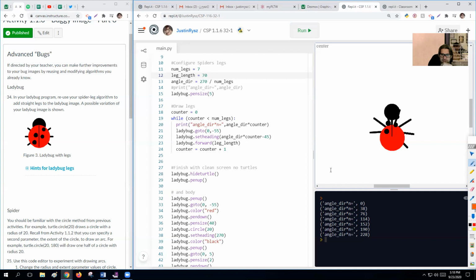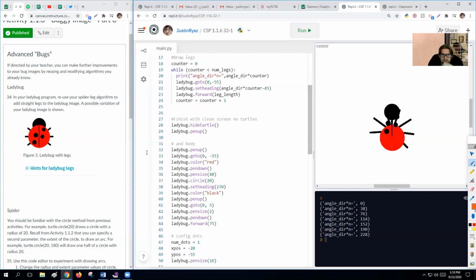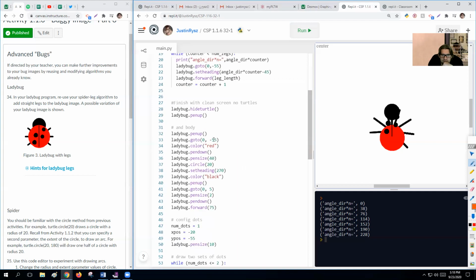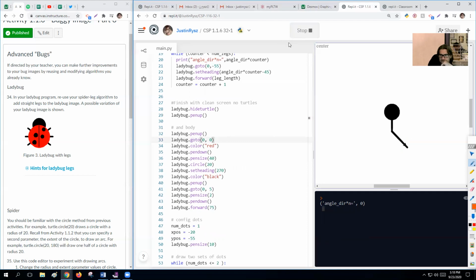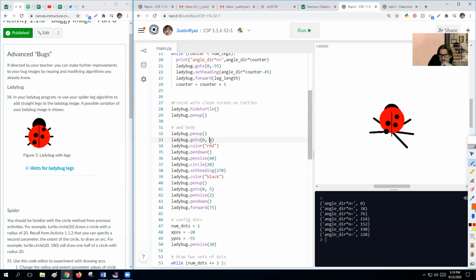The problem here is this circle is not being drawn at the right spot. So the body, we'll have it just go back to 0, 0. No, all right, let's just keep messing around with this.